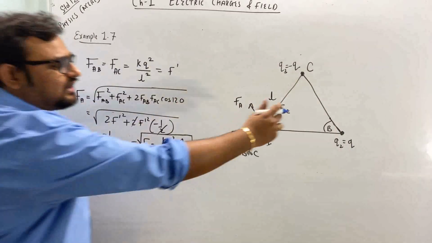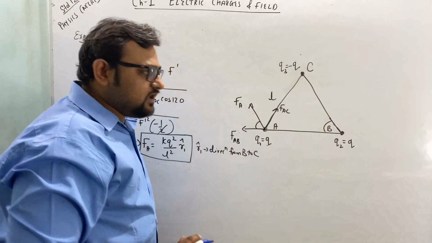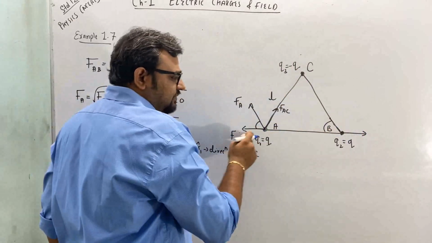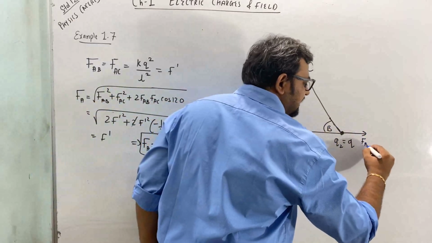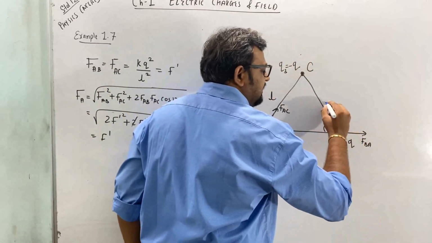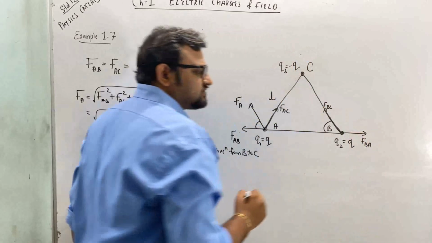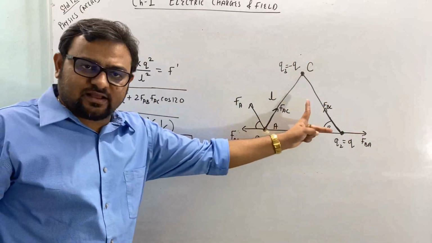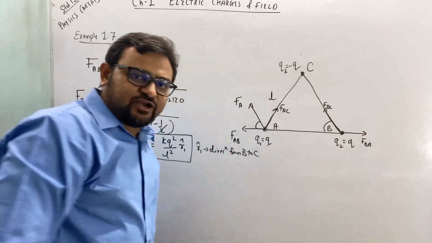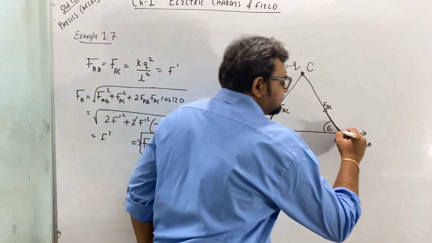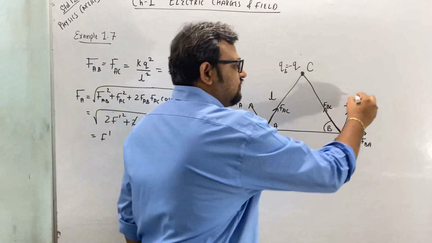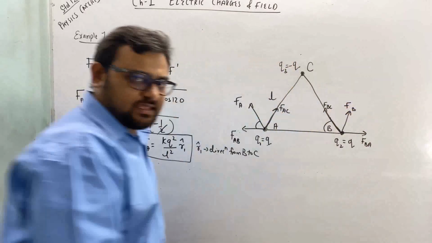Now for calculating B, okay, now what is the direction of the force on B? Due to A, this will be FB due to A, and this will be FB due to C. Again 120 angle, clear? And both the forces have the same magnitude, KQ square by R square. So the resultant force will be in this direction for B. Clear?